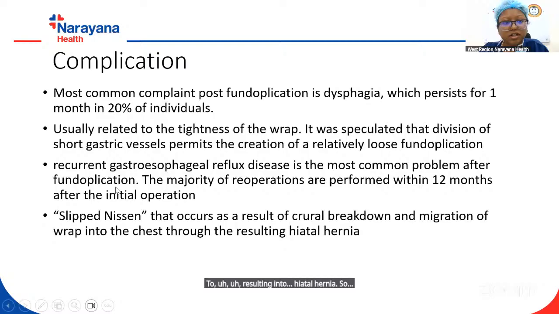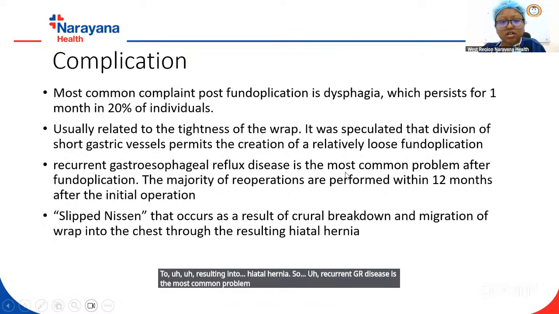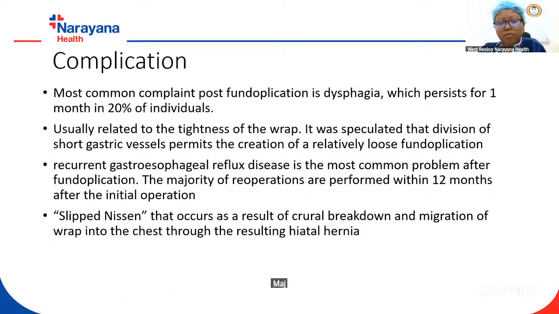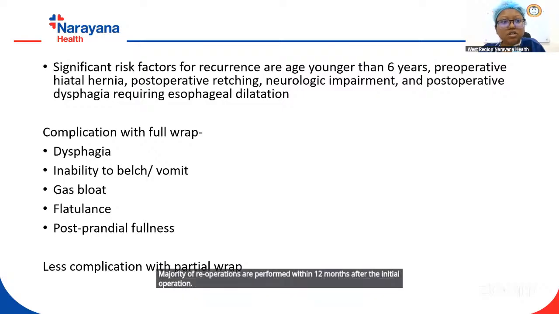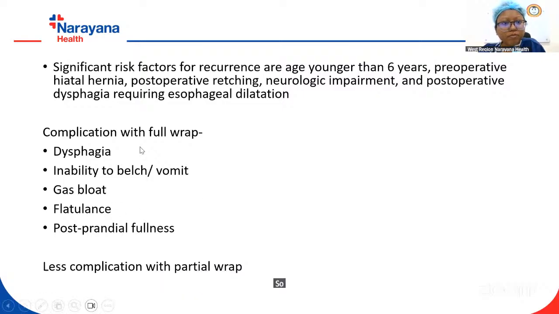Recurrent GERD is the most common problem after fundoplication. Majority of reoperations are performed within 12 months after the initial operation. So these are the complications of the full wrap. Lesser complications are seen with partial wrap.